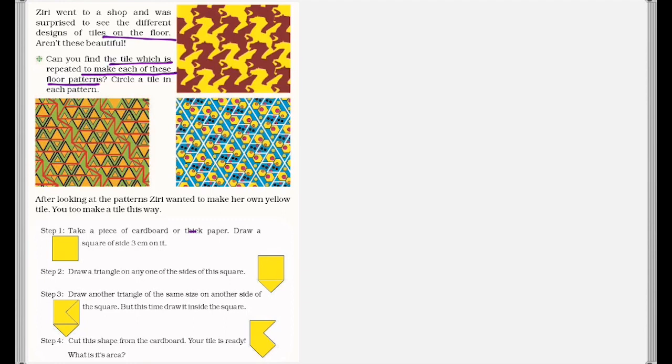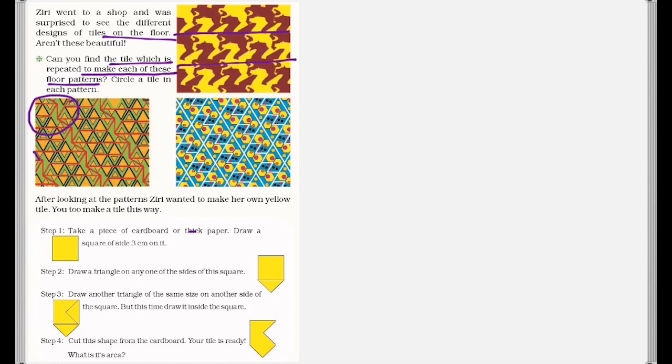So if we see one by one, you can divide these and find the tiles which are used to make the different patterns. Like this shape is being repeated again and again.